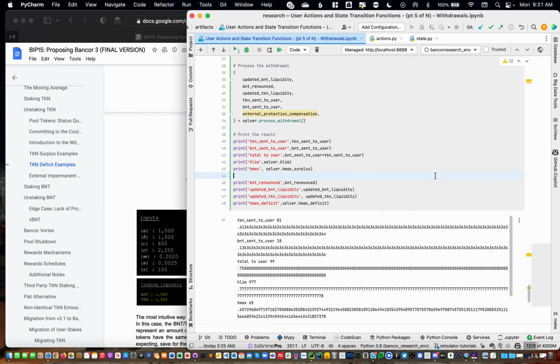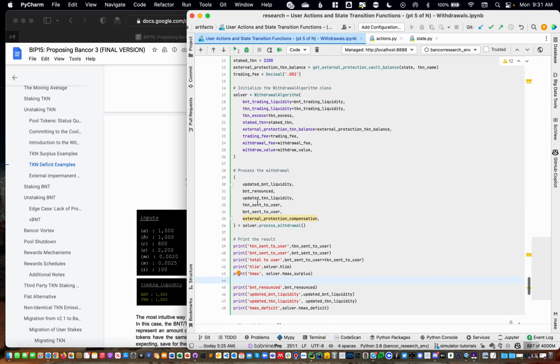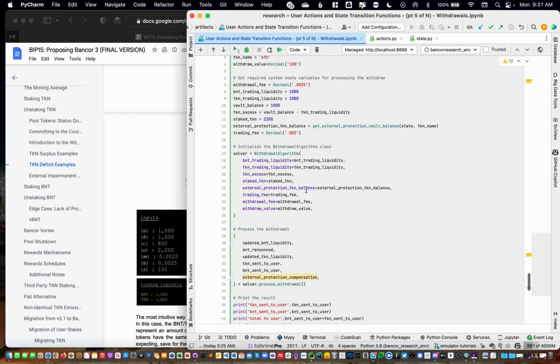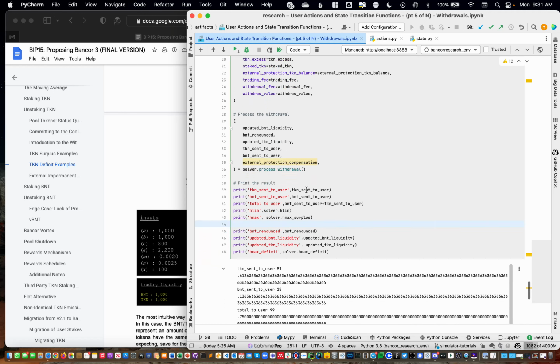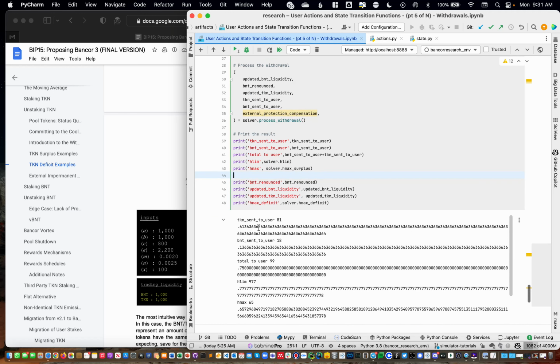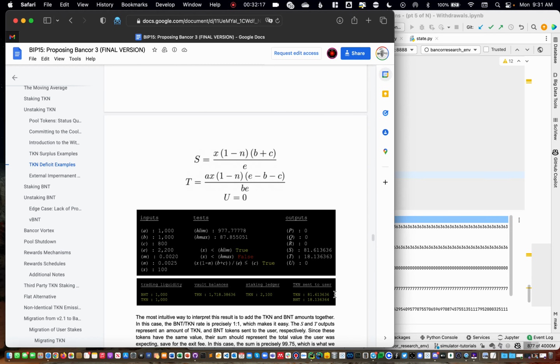What I've done here is created a couple of these manual situations which coincide with what's happening in the BIP15 document. And you can see we end up with TKN sent to user of 8161 here, and we've got the same balances shown in the output of the BIP15 document.